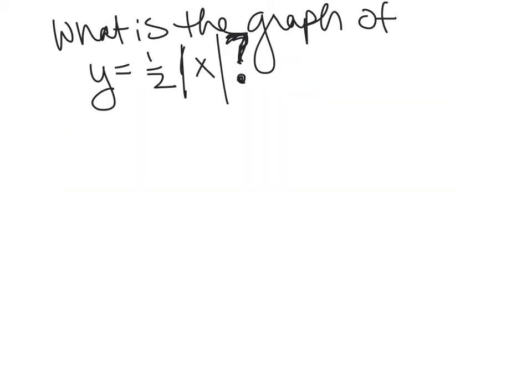So what is the graph of 1/2 absolute value of x? If we want to think about graphing this without making a table of values, you do want to consider your h and k. Since there's nothing added or subtracted, I know that my vertex is still going to be at (0, 0), even though I have this 1/2.